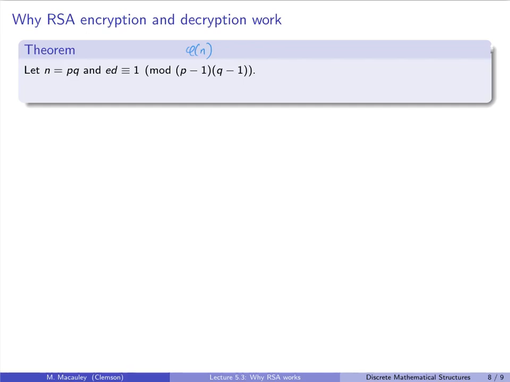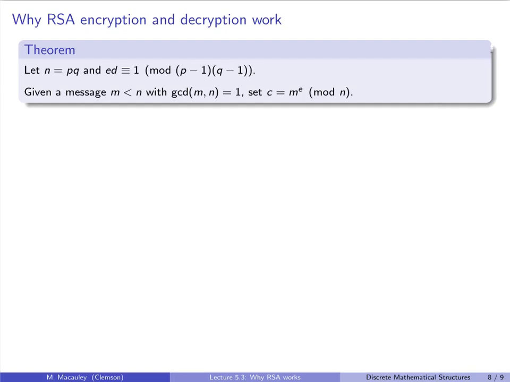It's the number of integers less than n relatively prime to it, and it's equal to (p minus 1) times (q minus 1) for a number that's the product of two primes. Built in here, I don't have that the GCD of e and phi of n is 1, but that has to be the case because e has a multiplicative inverse mod phi of n. e times d is equivalent to 1.